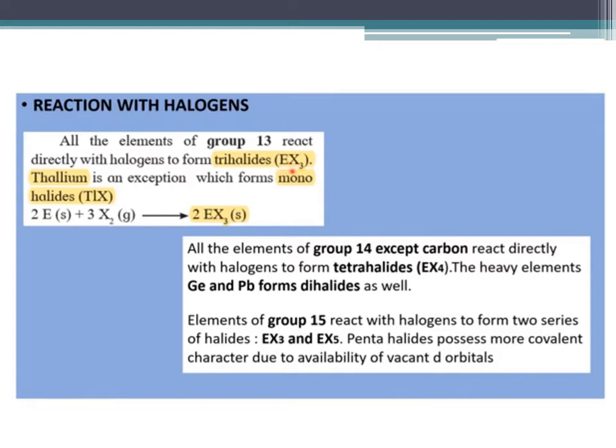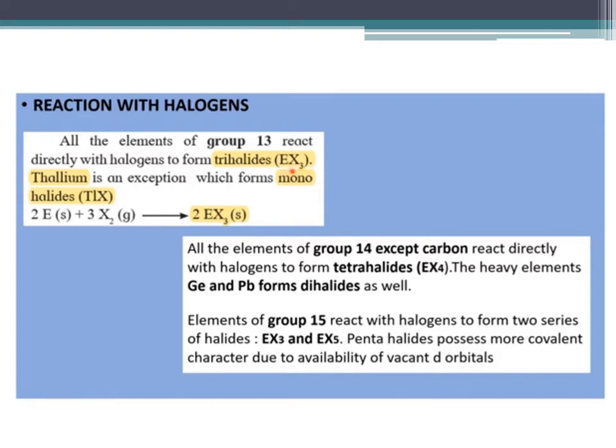That is, factors such as catalyst, heating or pressure are not required. It directly leads to the formation of product, and the product formed is basically a trihalide. The general formula for a trihalide is EX3, where E is the element of group 13 and X is the halogen.